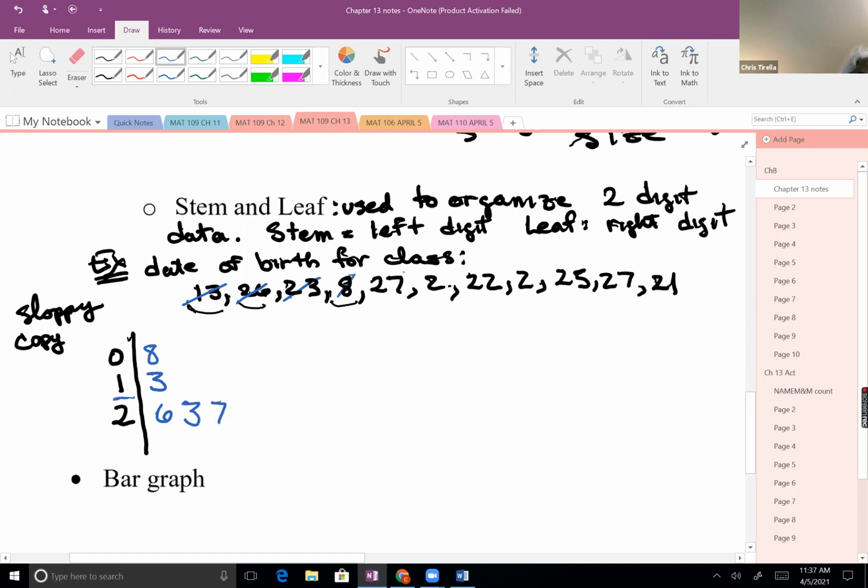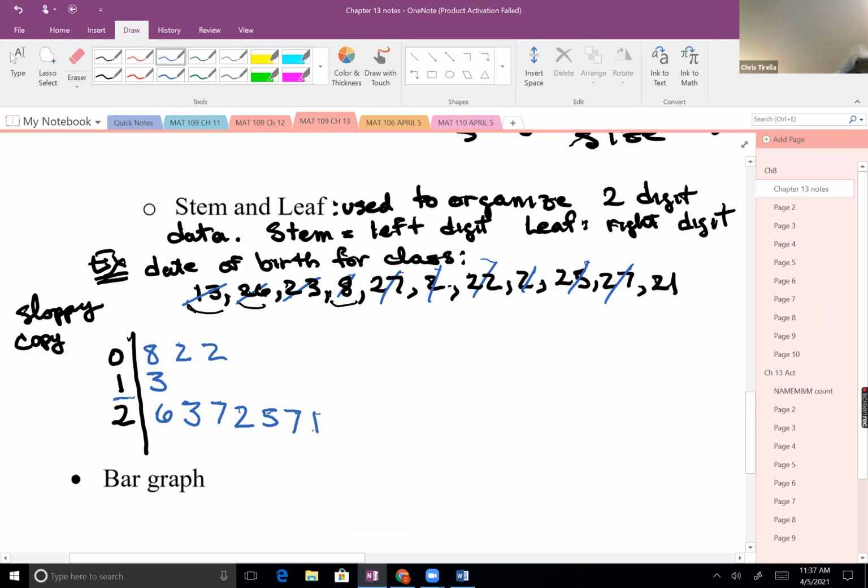Then 27. Then 2 would go in the zeros next to the 0. 22 would go in with the 20s. 2 would again go with the single digits. Then I have 25, 27, and 21.